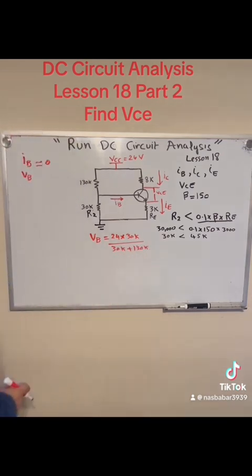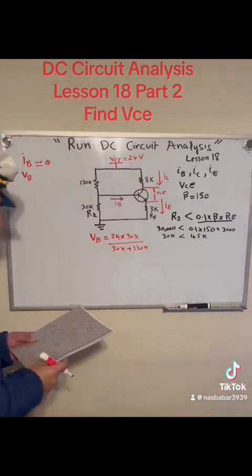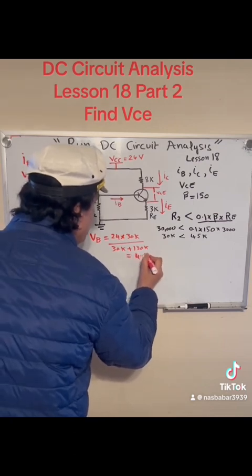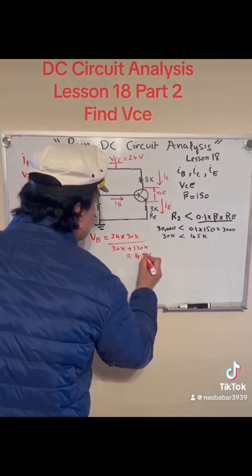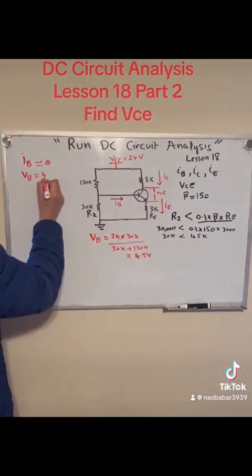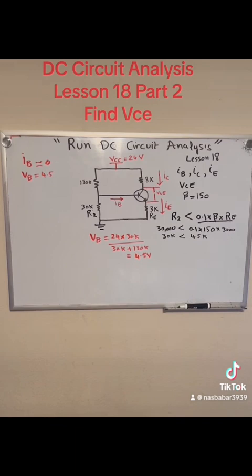This is the voltage divider rule I just applied, and if I solve this, the answer is 4.5 volts. So now we know V sub B is 4.5 volts.